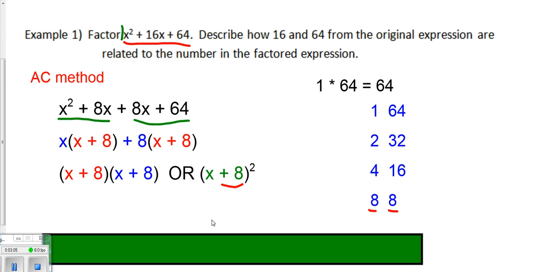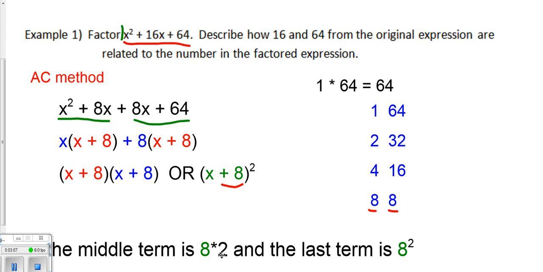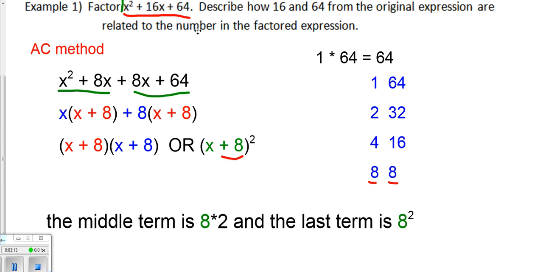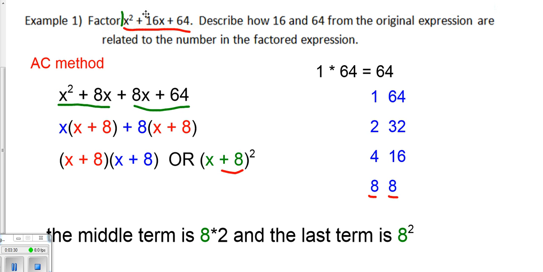Well, 16 is that positive 8 times 2. So the middle term is this piece times 2. And the last term, that 64, is this piece squared. So if you ever get a factored expression like this, x plus something squared, this piece times 2 is going to be our middle term, and this piece squared is our end term.